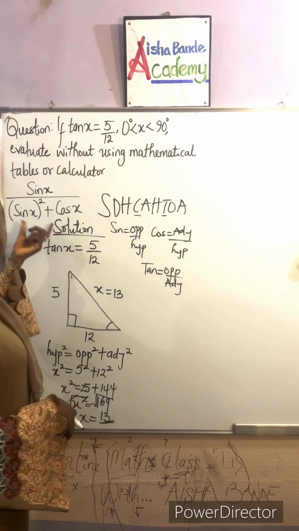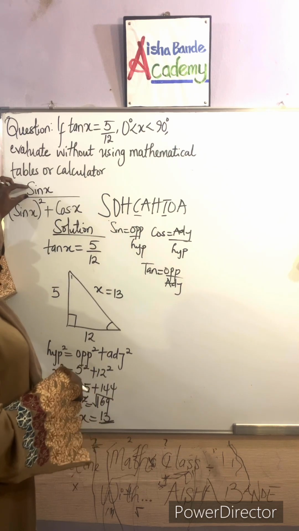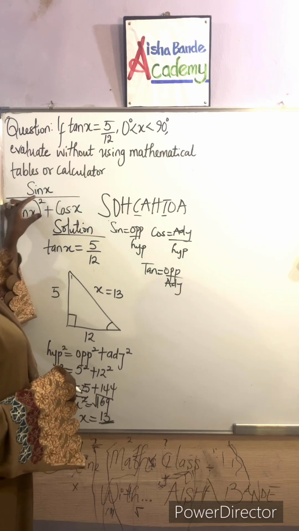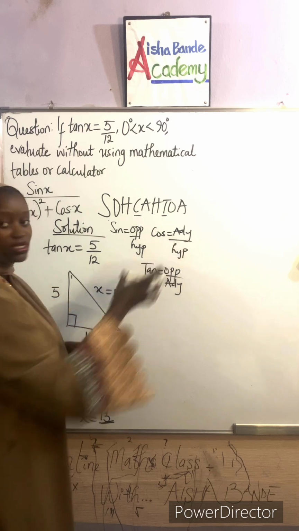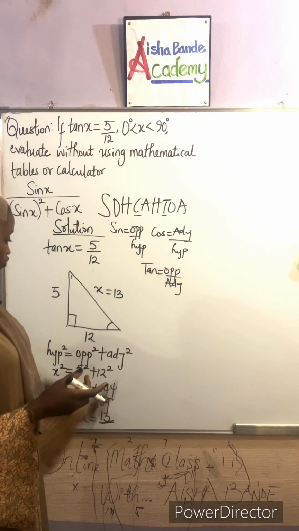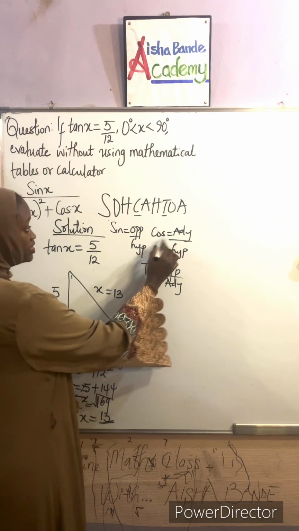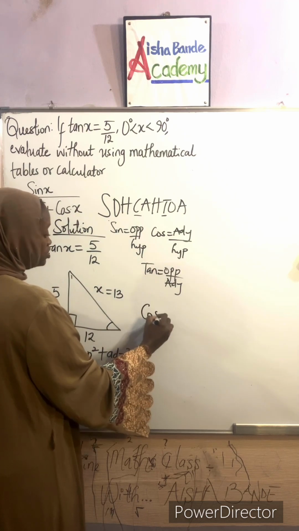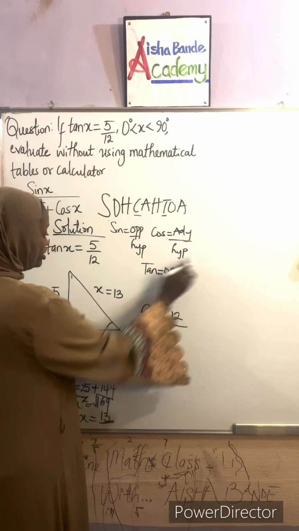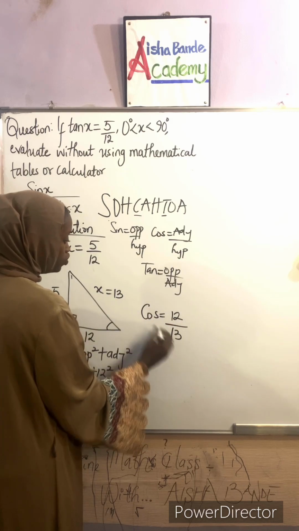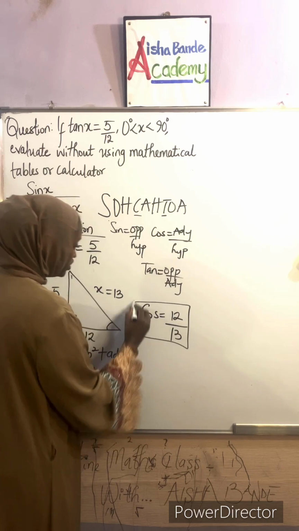The question is asking us now to solve for sine x all over sine x squared plus cos x. So what we need next is the value of cos x, since we've gotten the value for the hypotenuse. So cos is equal to adjacent, which is 12, all over the hypotenuse now, which is 13. So we have the value of cos to be 12 over 13.